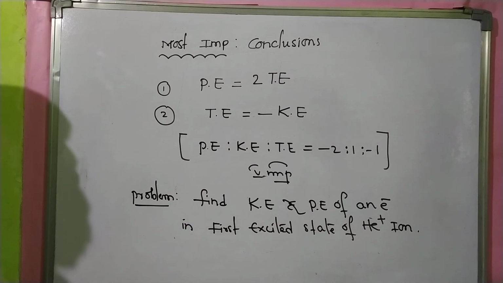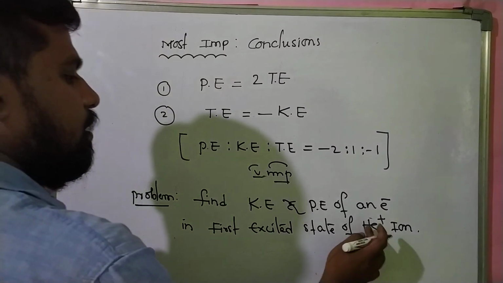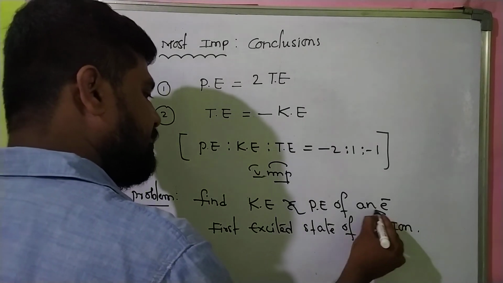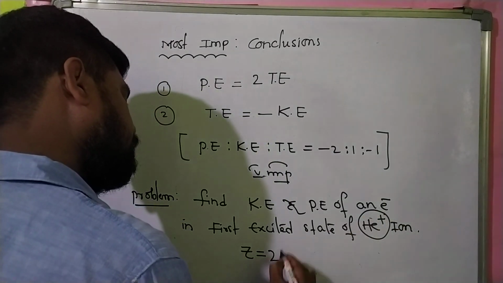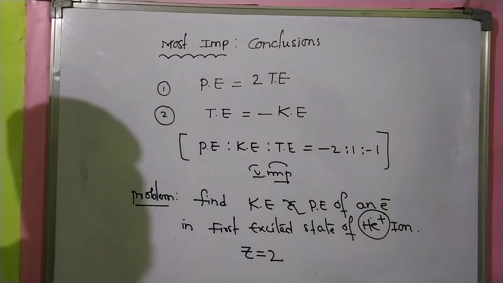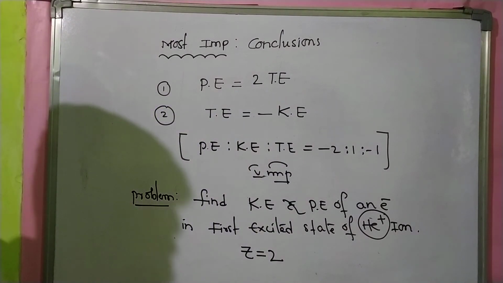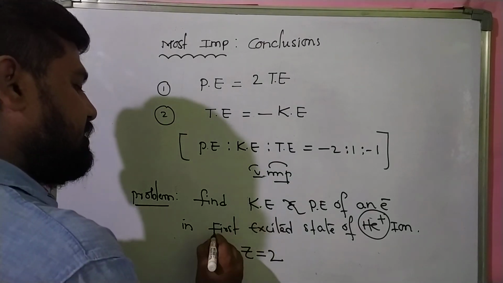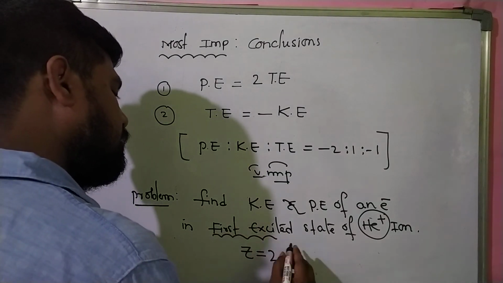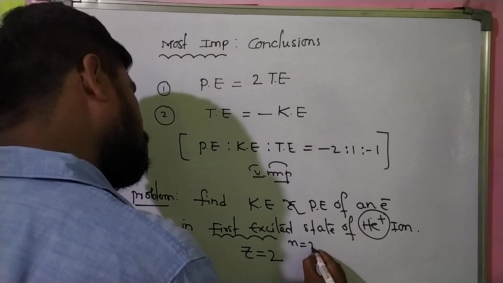Let's do this. Helium plus ion is given, Z equal to 2. Okay. First excited state means N equal to 2.